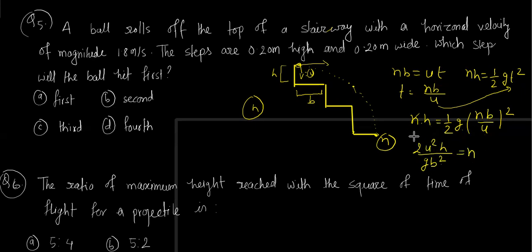So now we have one single relation, and we can easily use this relation to find out the number of steps, or which step the ball will hit first.